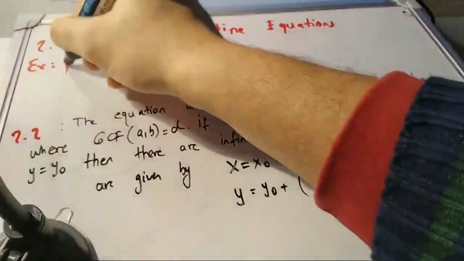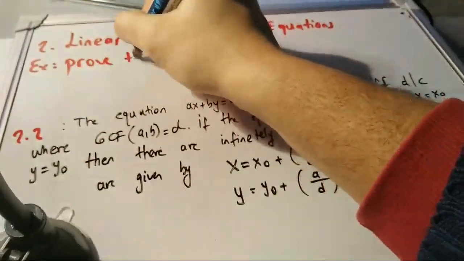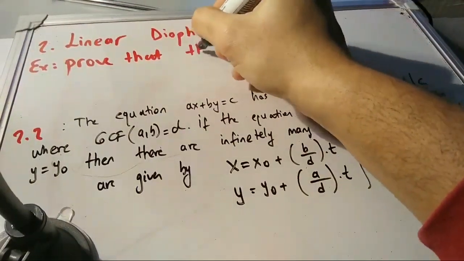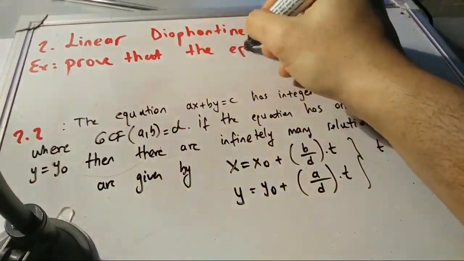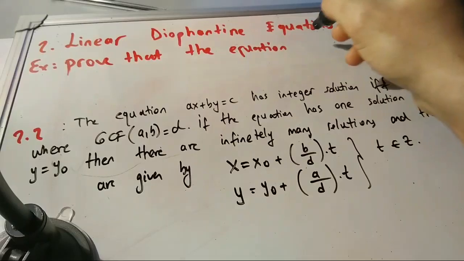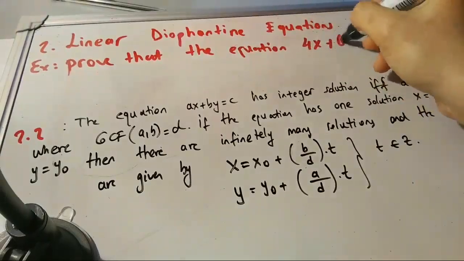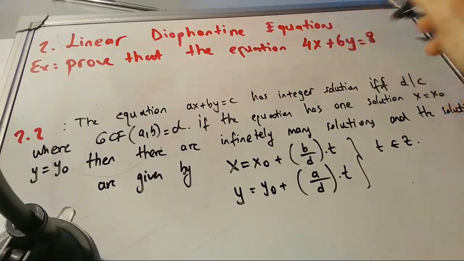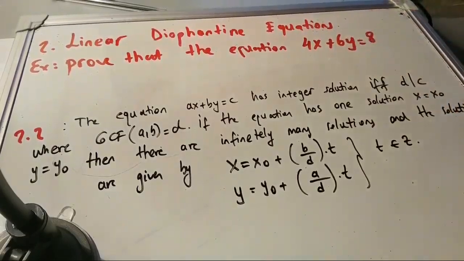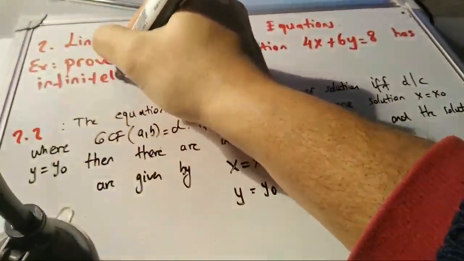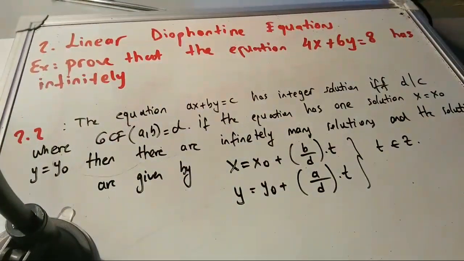Prove that the equation, hi Zehra, the equation 4x plus 6y is equal to 8 has infinitely many solutions.